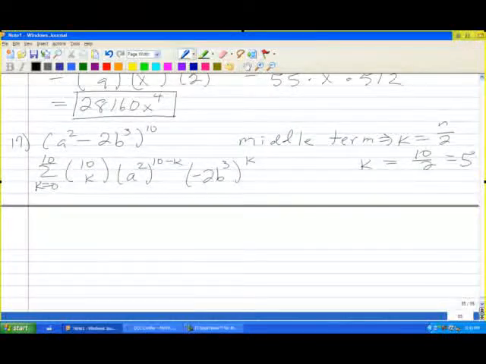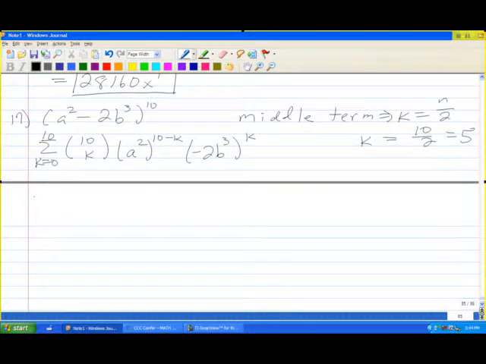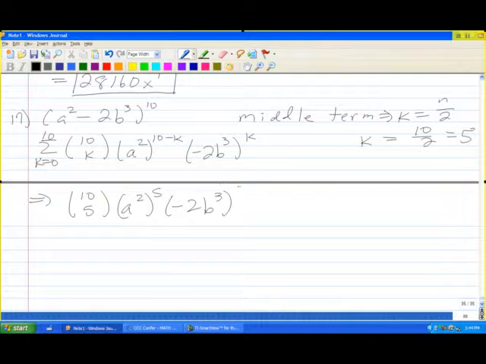And I want to figure out when k is 5. And so this would be 10c5, a squared to the power 10 minus 5, which is 5, negative 2b cubed to the power 5, because the lower number is 5.